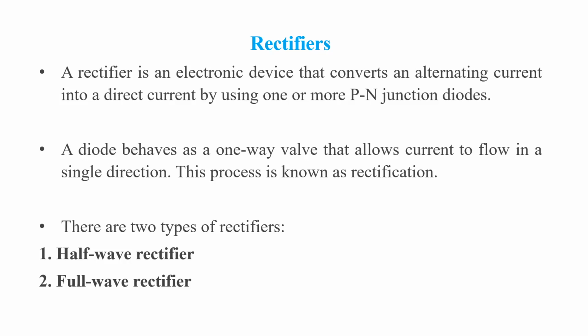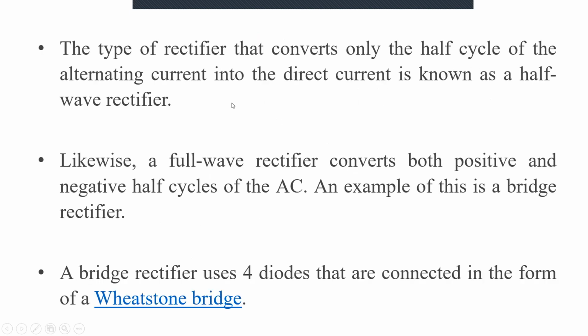There are basically two types of rectifiers, half wave rectifier and full wave rectifier. Let us take the two different types of rectifiers and see what they mean. The type of rectifier that converts only the half cycle of the AC into direct current is known as a half wave rectifier. Alternating current has two half cycles, positive and negative.